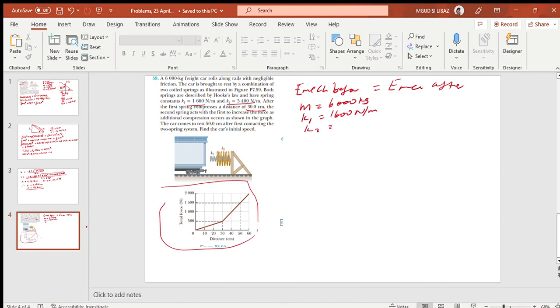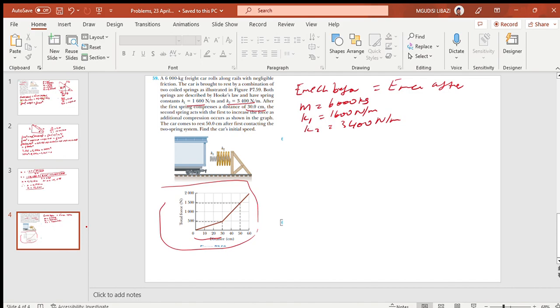We have K2, which is equal to 3,400 newtons per meter, and after the compression, the first one is 30, so we have x1 which is 30 according to that graph, and then the full distance, which is 50.